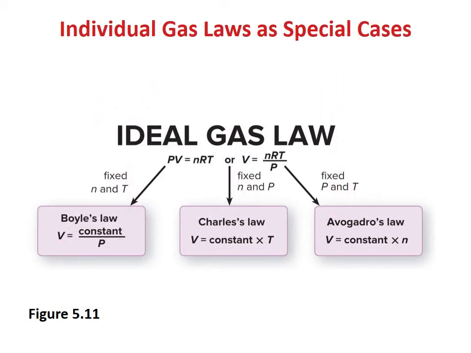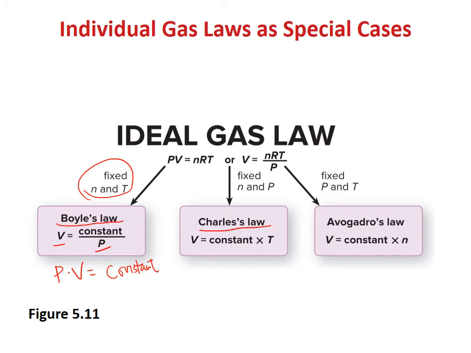We have discussed the 3 individual laws. In Boyle's law, number of moles and temperature are kept constant. We found that volume is inversely proportional to pressure. Volume is a constant divided by pressure, or pressure times volume is a constant.